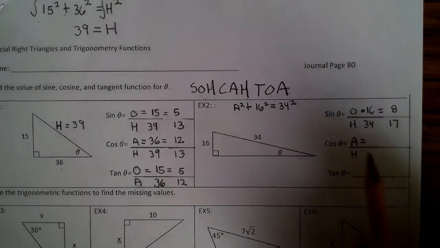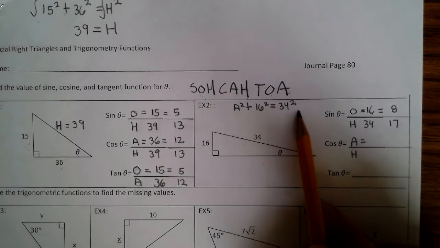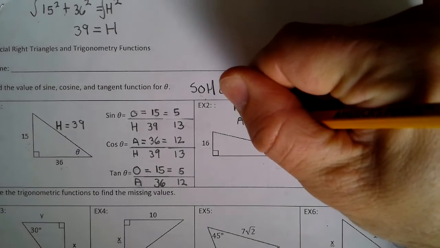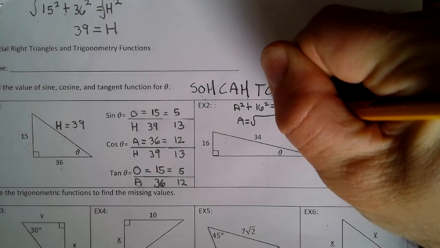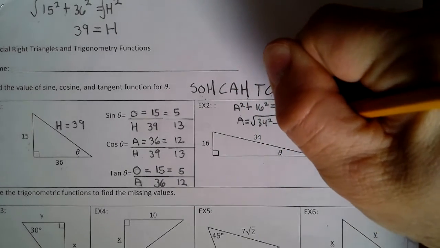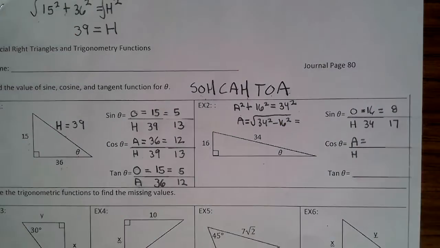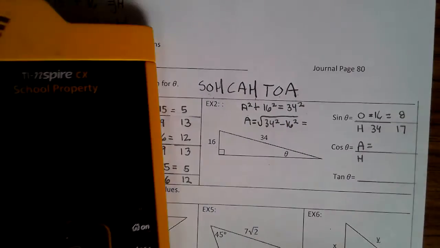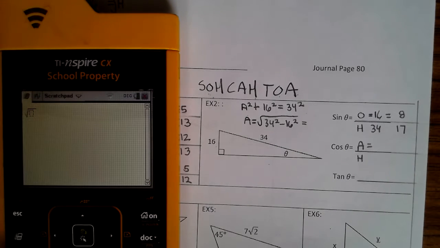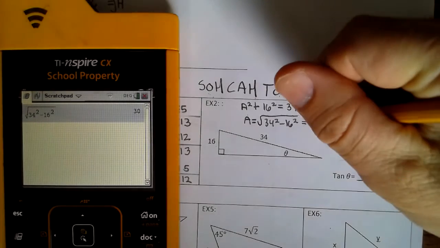To solve for a, we subtract 16 squared from both sides and take the square root. So a equals the square root of 34 squared minus 16 squared. Let's use our calculator for that. The square root of 34 squared minus 16 squared is 30. So the adjacent is 30.